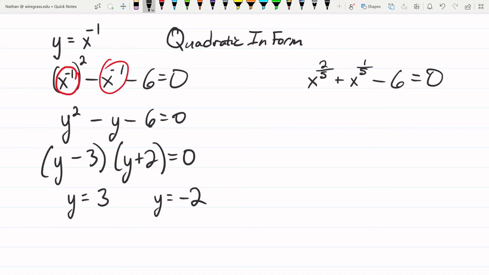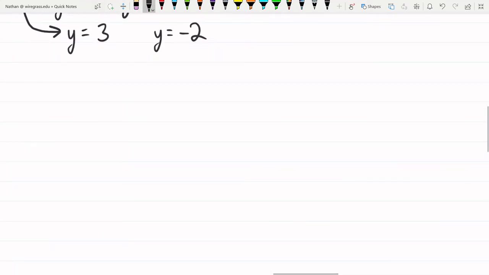These are not the answers to our original equation, however. We changed the variable x to the -1 into y, so we need to make sure we change it back. We can do that by just plugging it back in. So we have y equals x to the -1, and x to the -1 equals 3 and x to the -1 equals -2. And the -1 power is just the reciprocal.